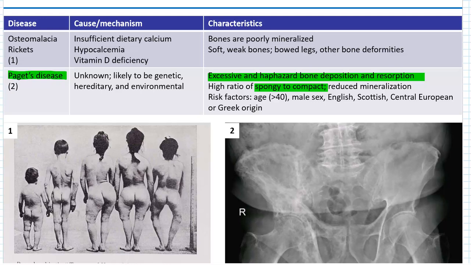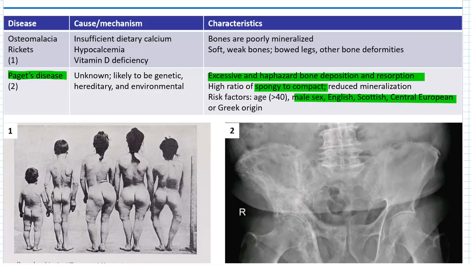Does that make sense? And it limits the movements within the affected joints or results in the disfigurement. I bet on genetics and hormones. Males of a particular ethnic origin are most susceptible.